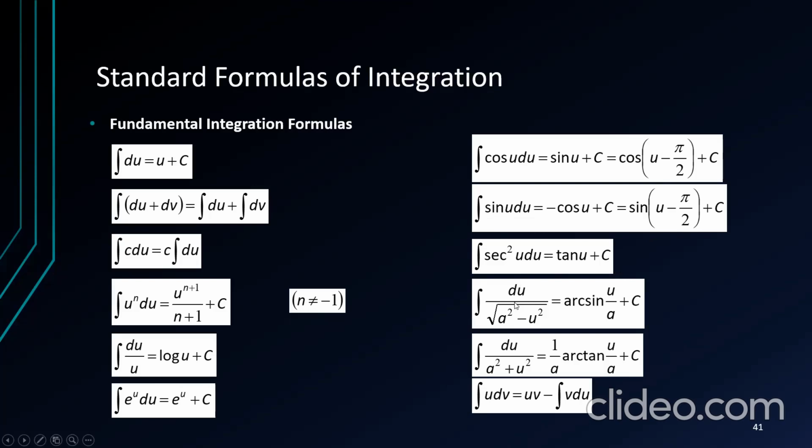The integral of du over the square root of a squared minus u squared is equal to arc sine of u over a plus c. The integral of du over a squared plus u squared is equal to 1 over a arctangent of u over a plus c. Then the integral of u dv is equal to uv minus the integral of v du. This last formula has a lot of uses. Okay?